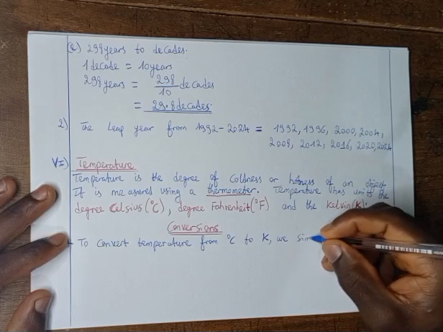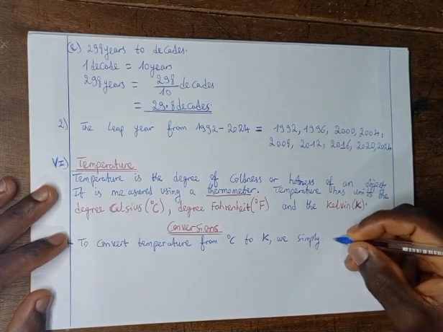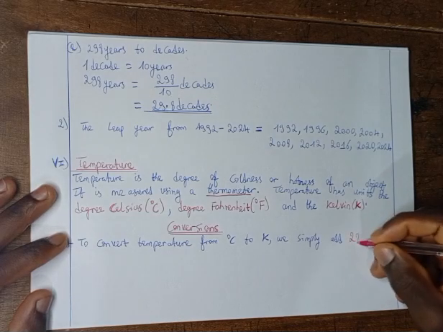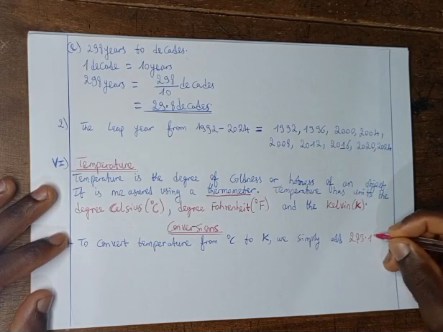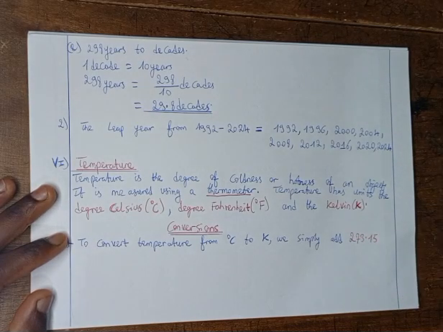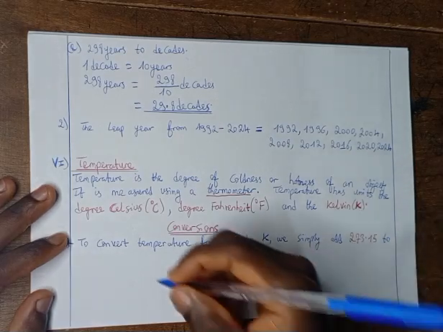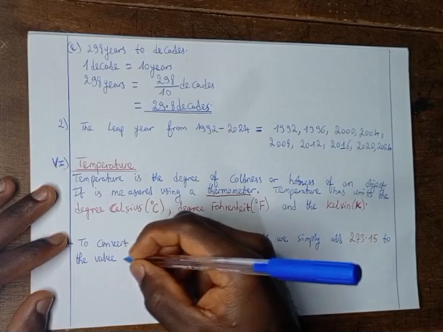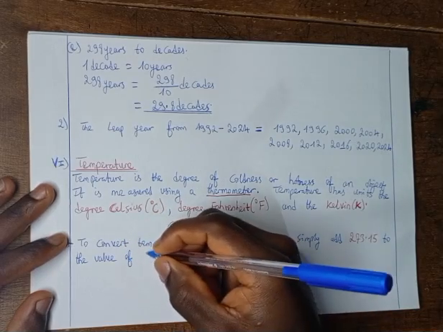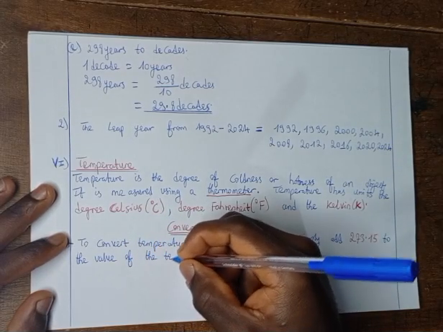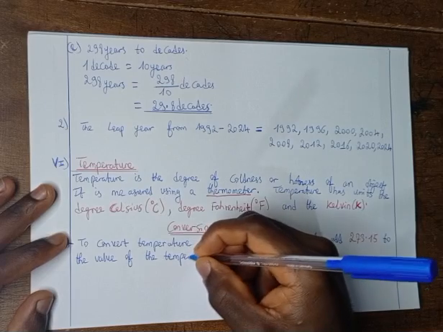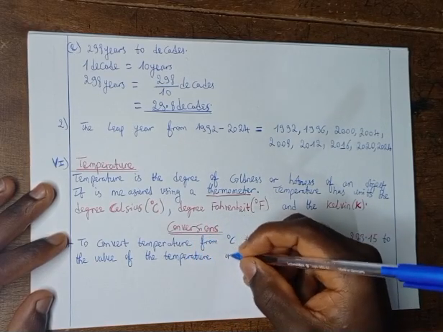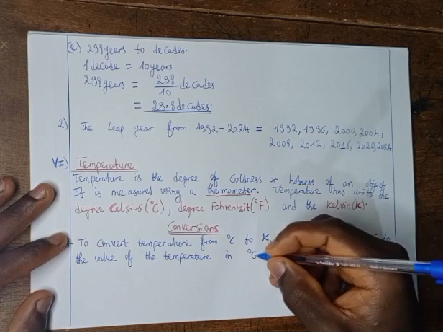we simply add 273.15 to the value of the temperature in degrees Celsius.